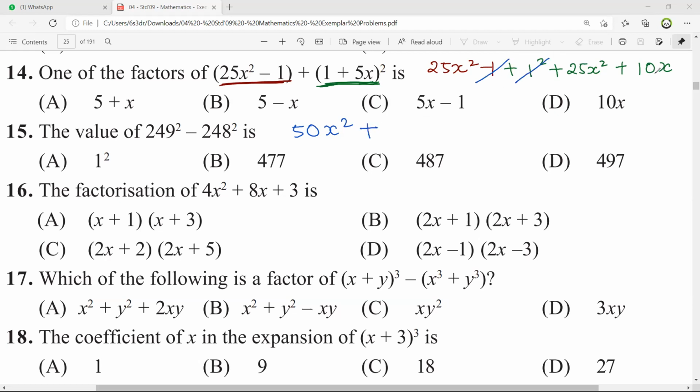And then we are left with this little thing, which is 10x. Okay. So can we take something common from here? Ma'am, 10. Okay, very good.